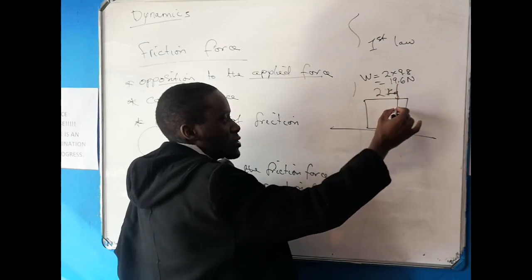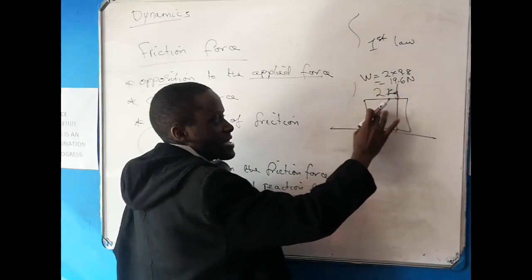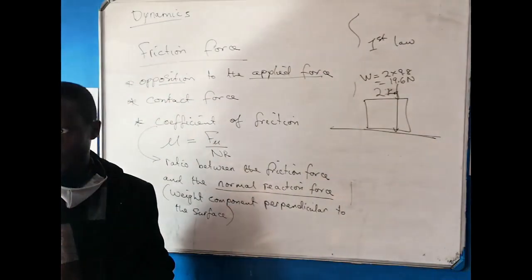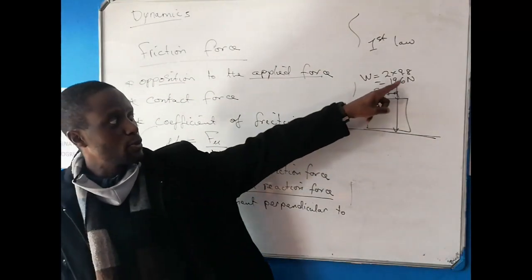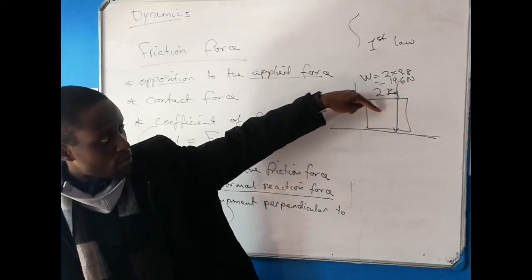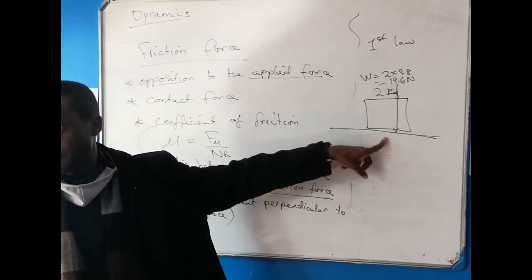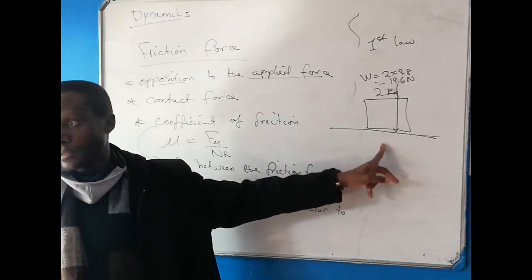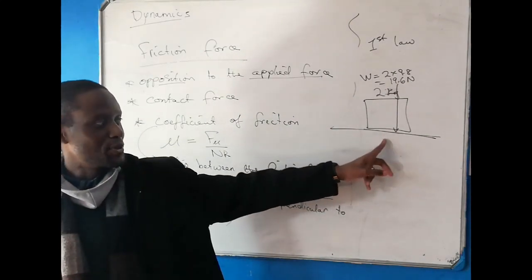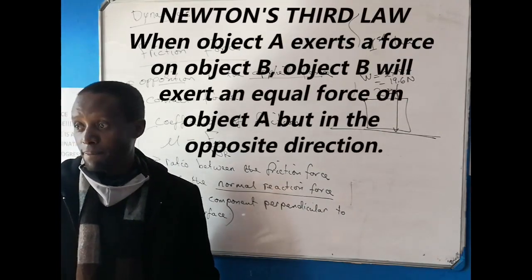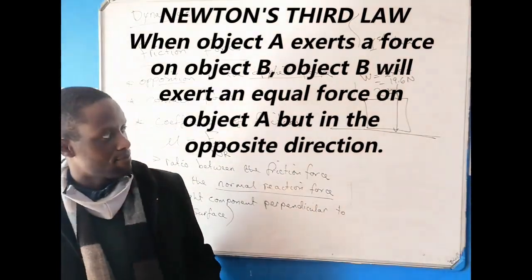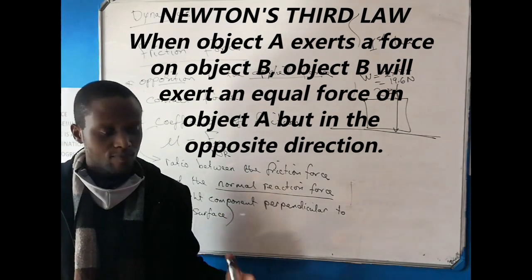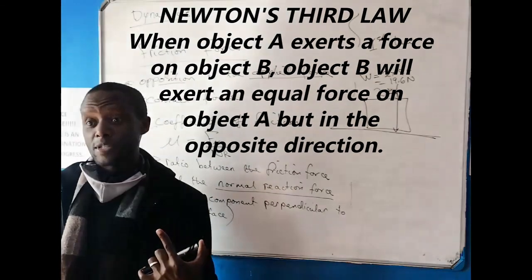This 19.6 newtons is what is pushing this object against this surface. So object A is pushing 19.6 against object B, right? Object B will react, according to Newton's third law, in the opposite direction.